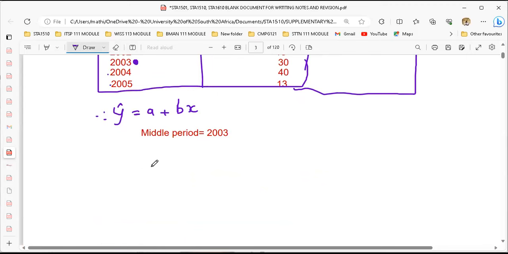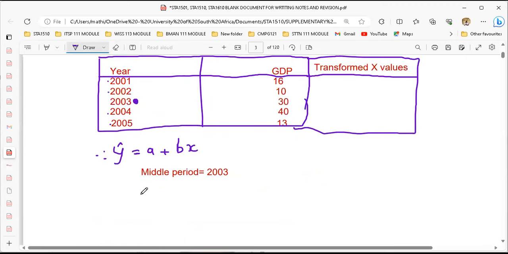So let's start with x1. xi is equal to the ith period, 2001, minus the middle period, 2003. You can verify on the calculator.